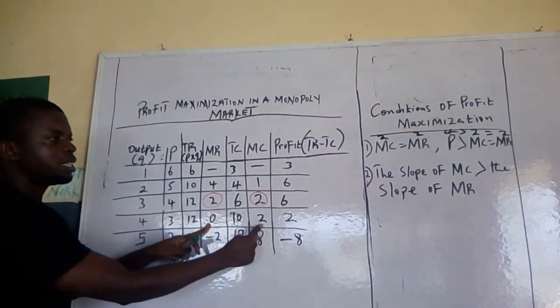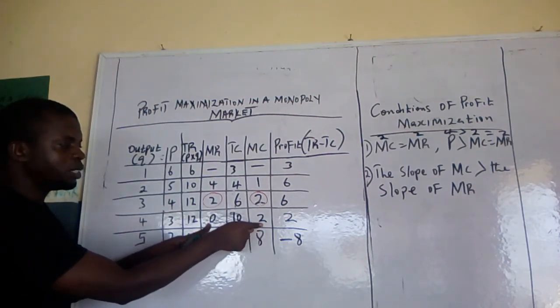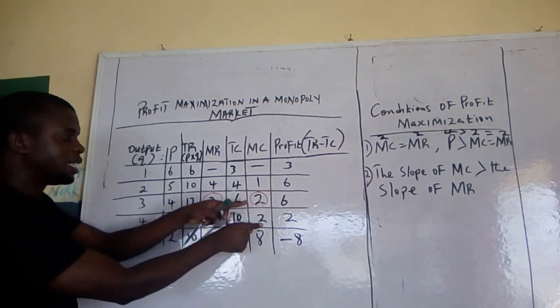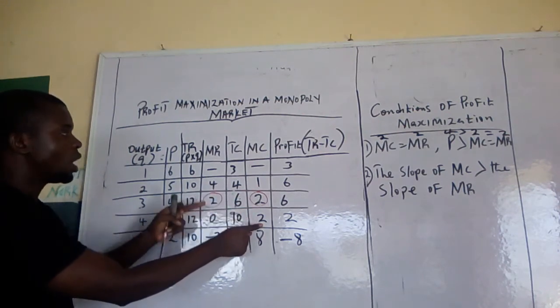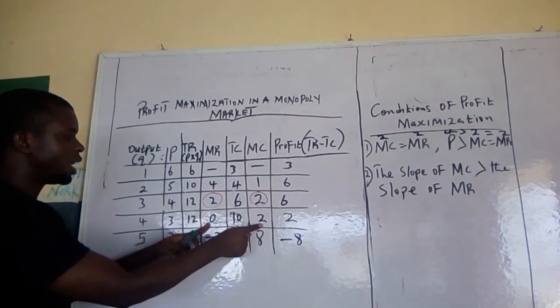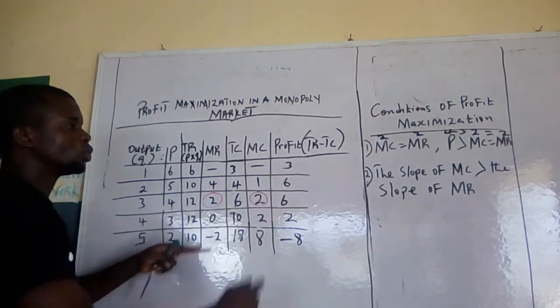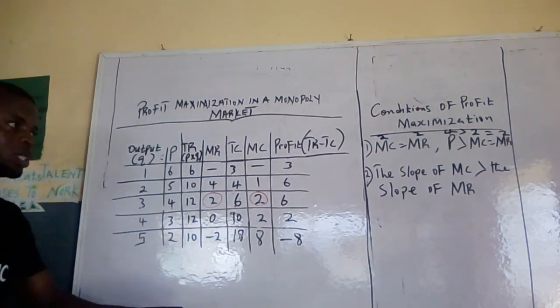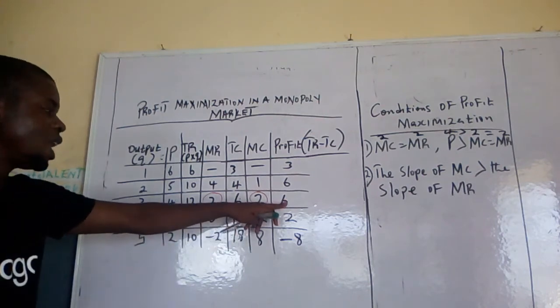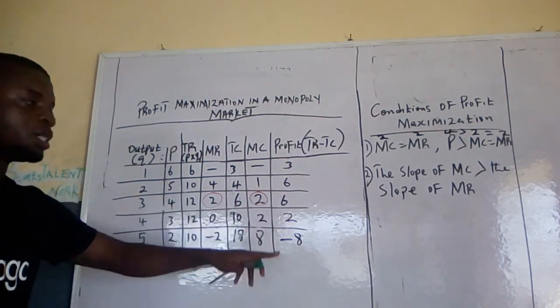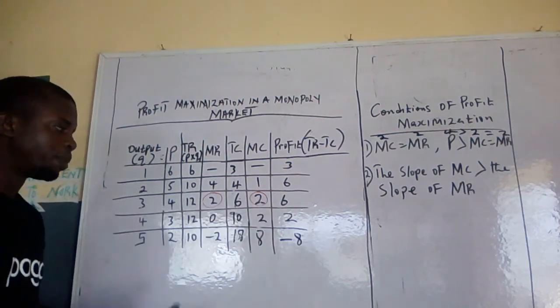You can see the slope of MC, which is 2 here, immediately after the point where MC equals MR, and the slope of MR, which is 0. 2 is greater than 0. So that shows that this is the point where profit is maximized by this monopolist.